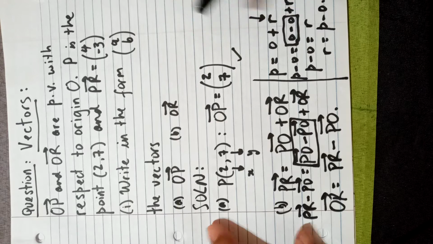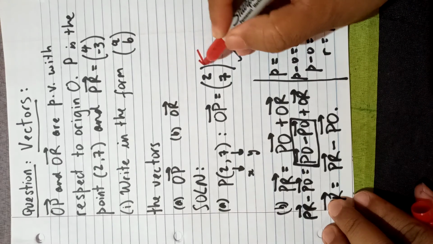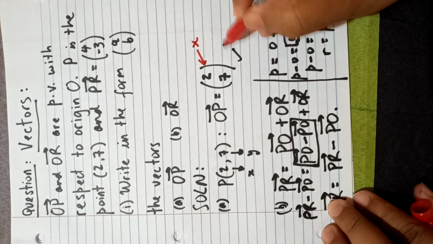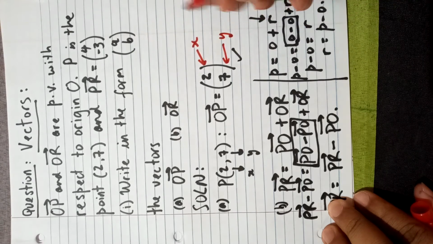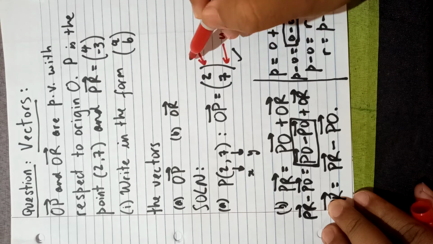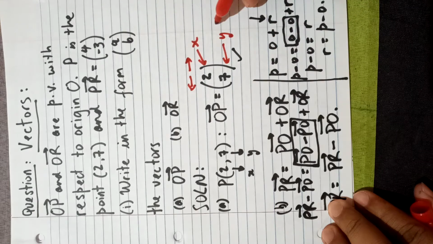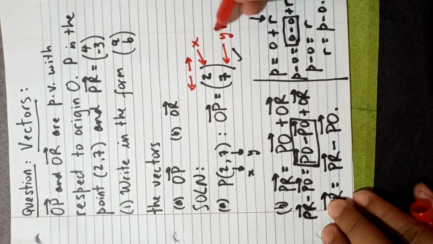Now the X value goes right there, and that is our Y value. Remember, the X value can either go left or right, and the Y value can either go up or down.